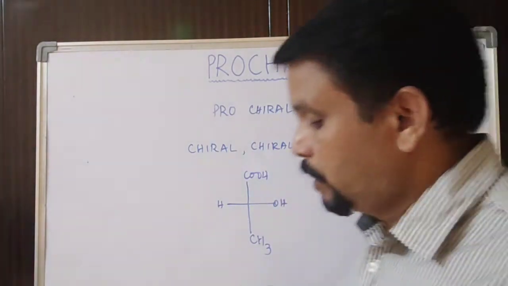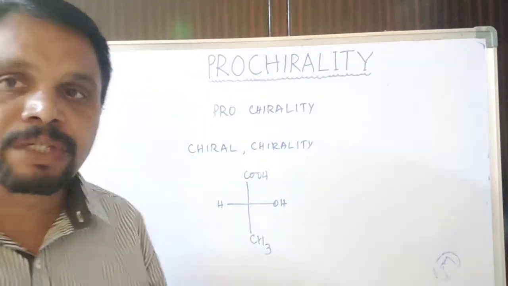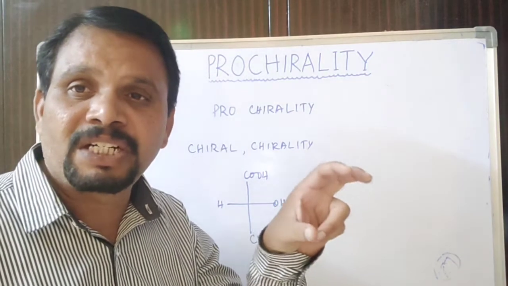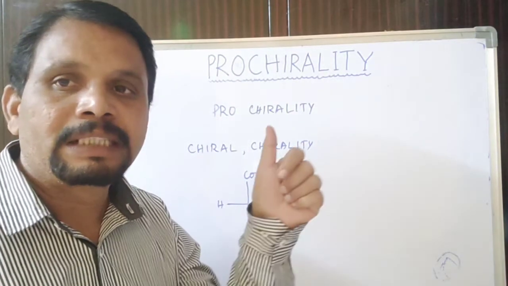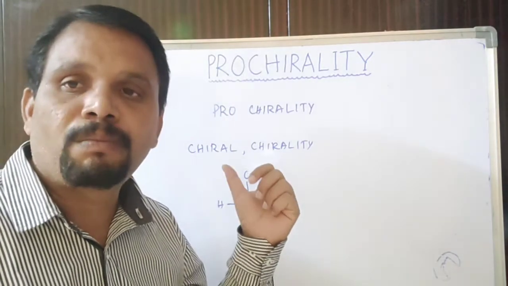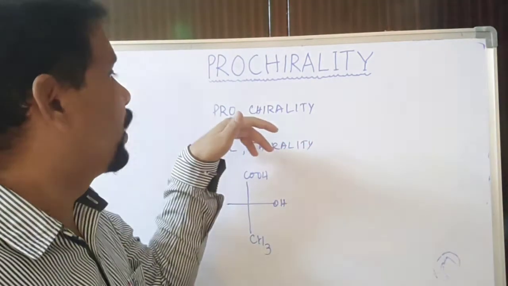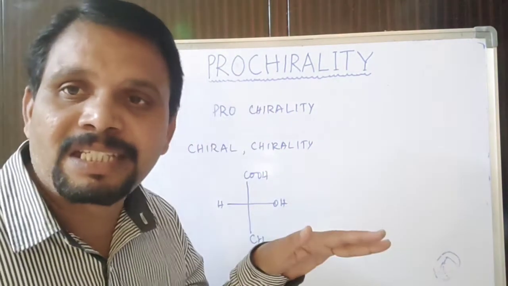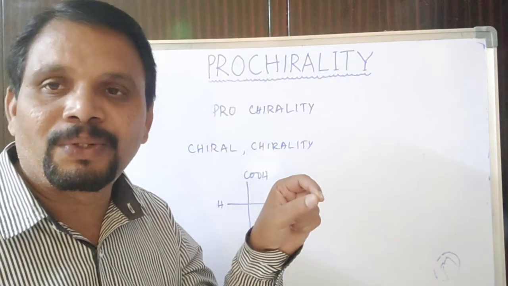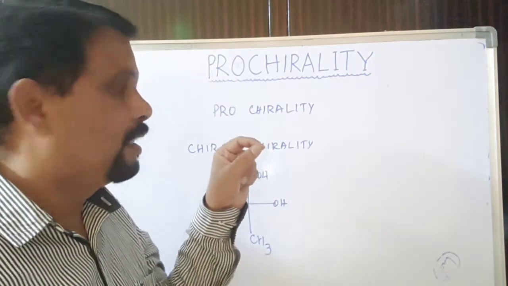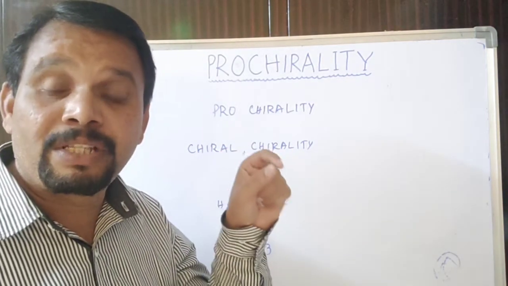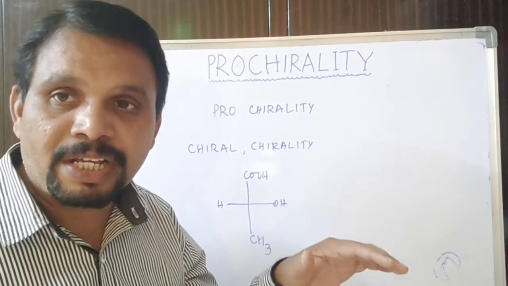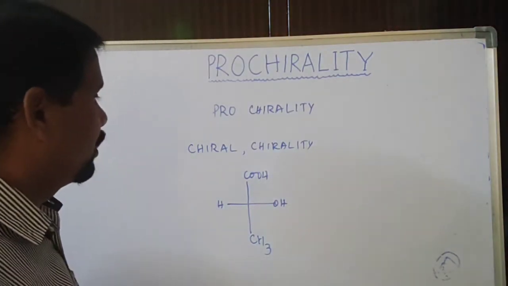Prochirality means before that molecule is converted into chiral, the previous molecule is known as a prochiral molecule, and that property is prochirality. Do you understand what I'm saying, right?